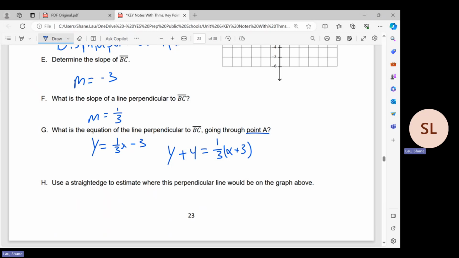Okay, just to be very clear, that's not supposed to be an alpha, that's supposed to be an x. Just like so. And we do not have a part H, I took that out.